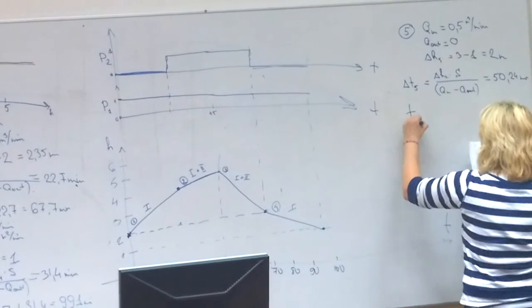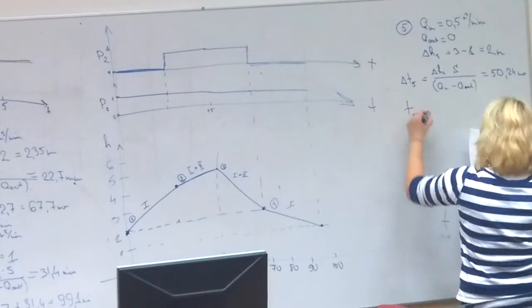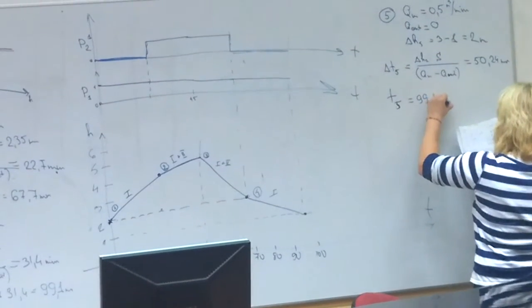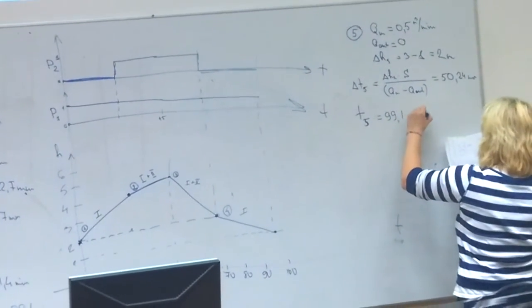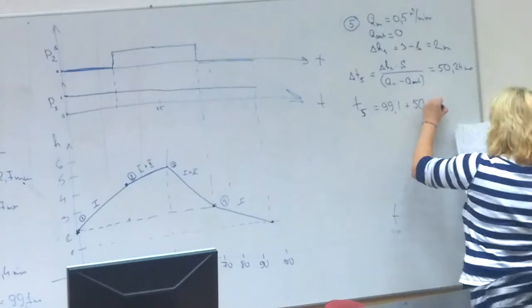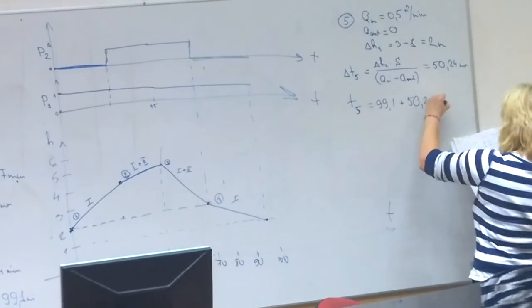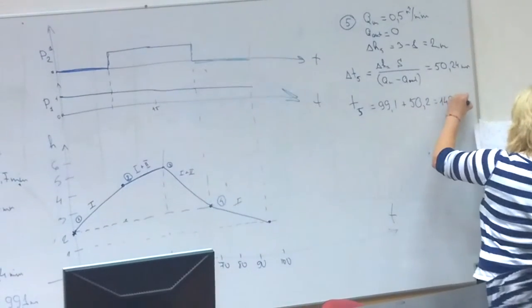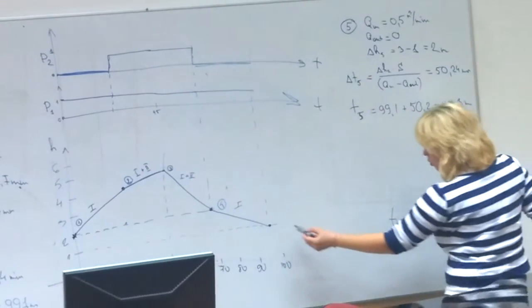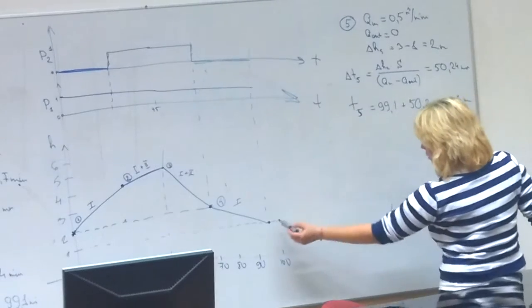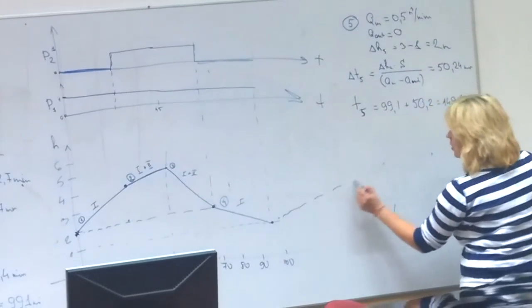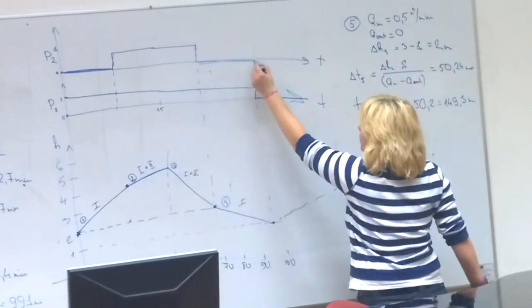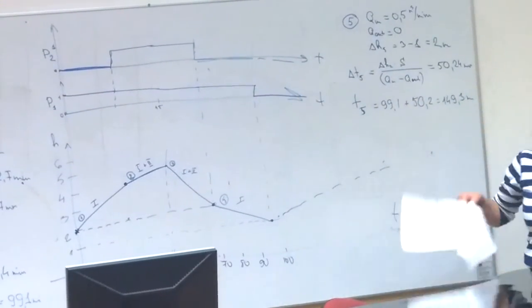So T5 will be equal to 99.1 plus this value, so 149.3 minutes. So somewhere here. This is turned off, and again, so in cycle.